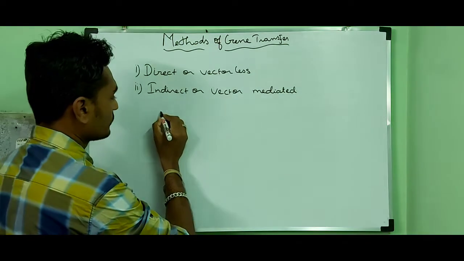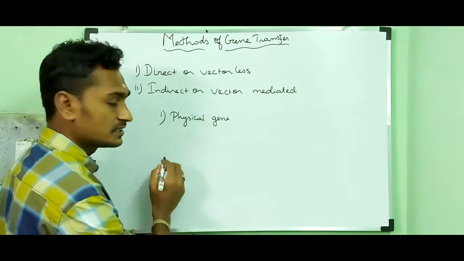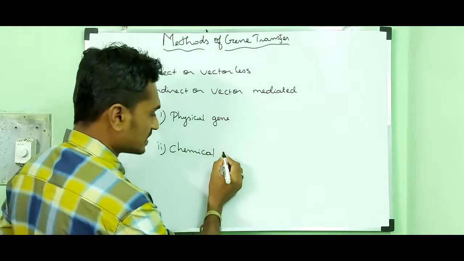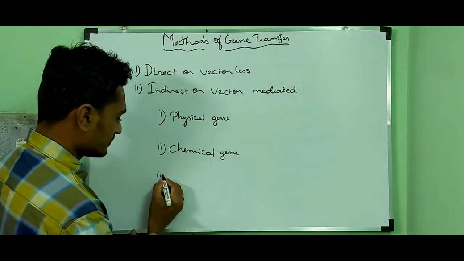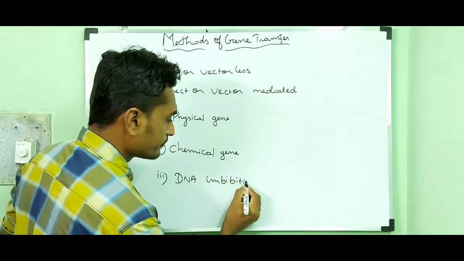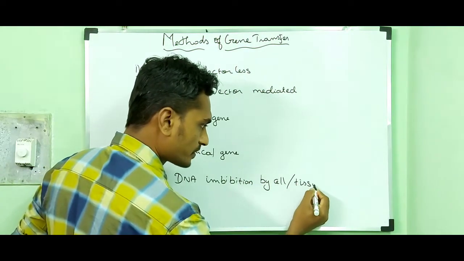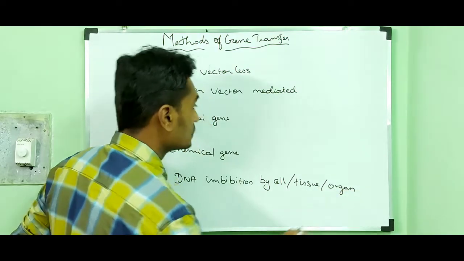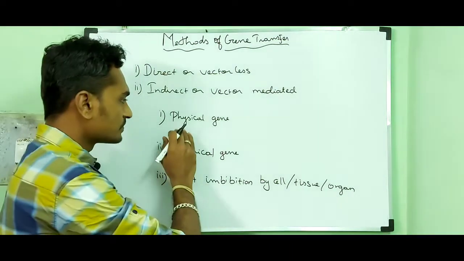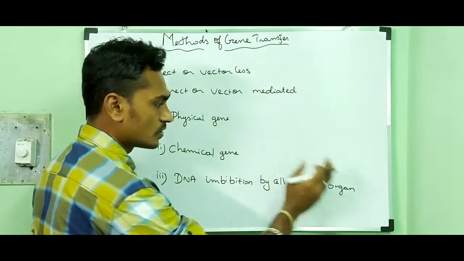They are physical mediated gene transfer method, then chemical mediated gene transfer method, then the third one is DNA imbibition by cell, tissue or organ.